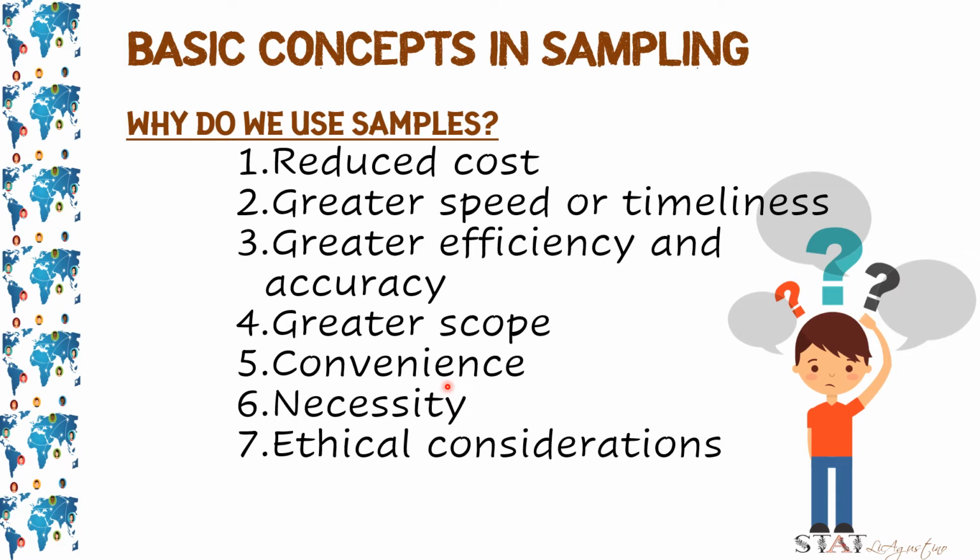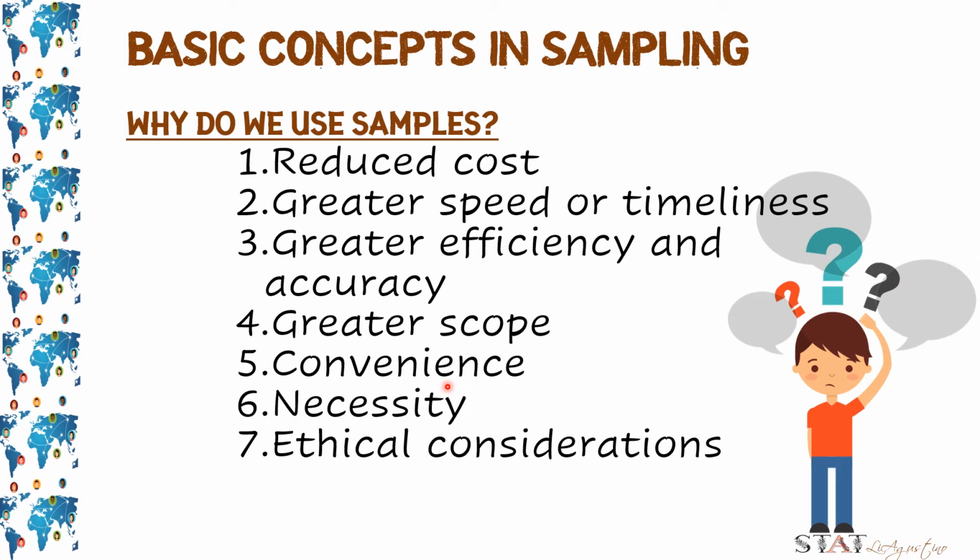That's why we use samples, especially since they have similar characteristics. So it's still scientific. You can still get relevant information from those samples, because they possess the same characteristics of the population. So it is to reduce costs.